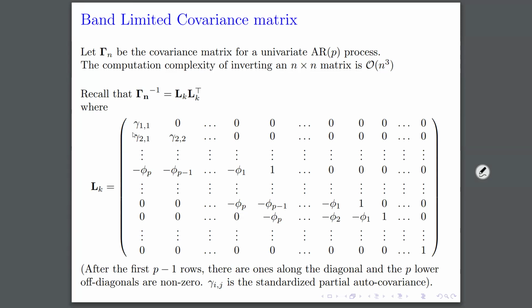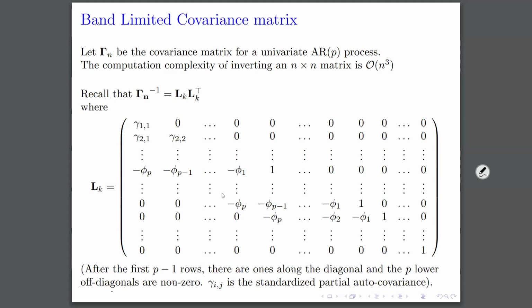The first P-1 rows are the standardized partial autocovariance, and starting from the pth row, the diagonal entries will be all one. And starting from the diagonal entries, you will plug in the negative of the autocovariance coefficients, just following this kind of band limited structure.